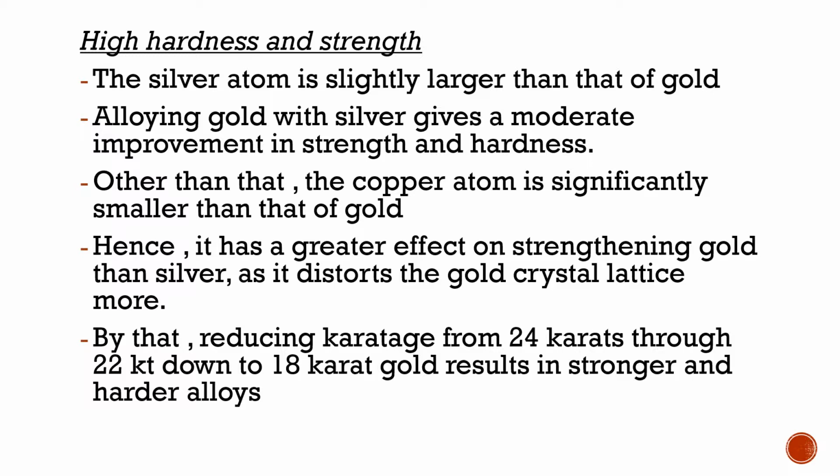Other than that, the copper atom is significantly smaller than that of gold. Hence, it has a greater effect on strengthening gold than silver, as it distorts the gold crystal lattice more. By that, reducing caratage from 24 carats to 22 carats down to 18 carats results in stronger and harder gold alloys.